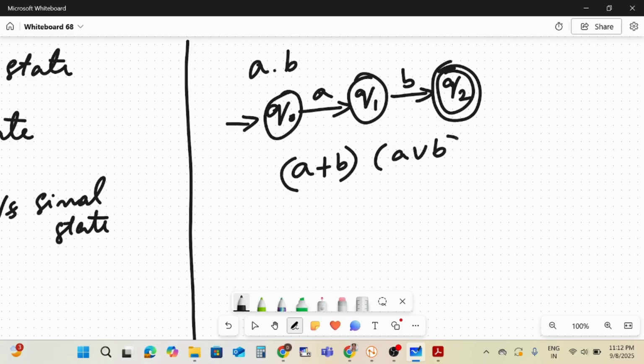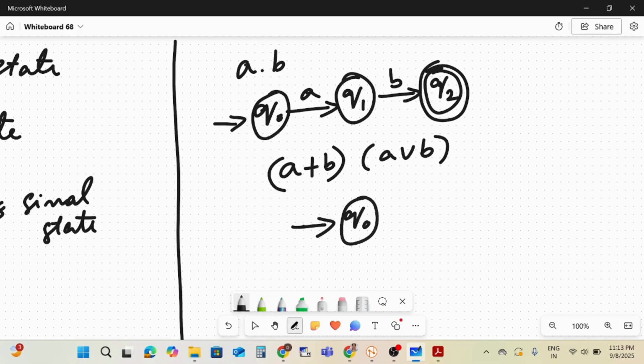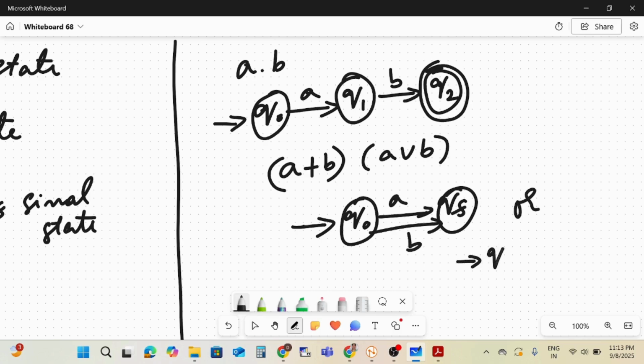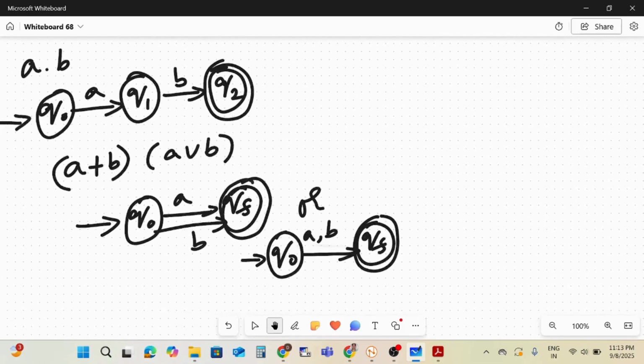If you want to write a finite state machine for this, it will take either A or B. You can write it like this: Q0 goes to a final state QF with A. QF is a final state, so A or B. Or else you can also write it like this: Q0 with A comma B goes to QF, the final state. So this will accept either A or B. This is how you should be able to write A into B and A or B.